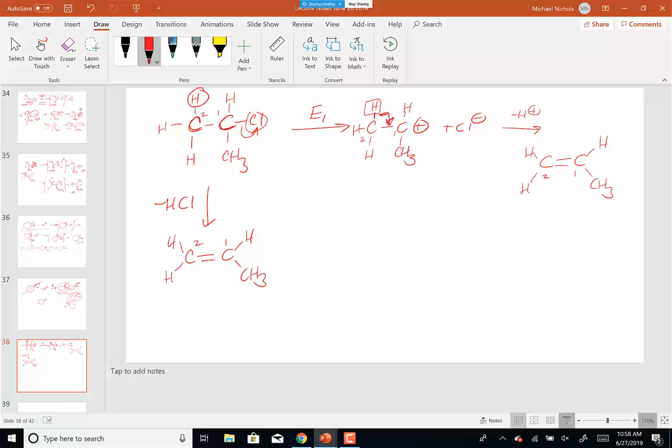So the rate determining step is going to be the formation of the carbocation. So this is going to be E1. The rate's only going to be dependent upon the alkyl halide. Then again, in this reaction, that's all that was reacting. So this is E1 elimination.